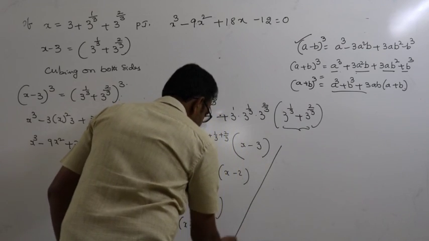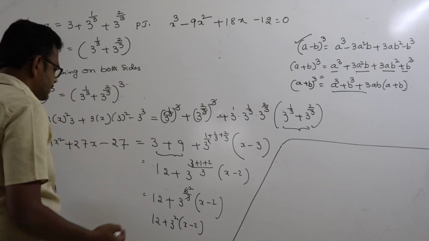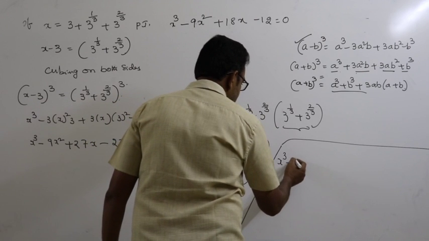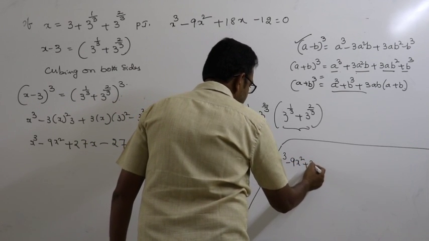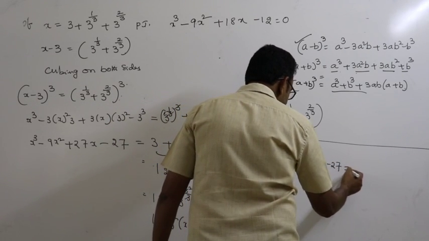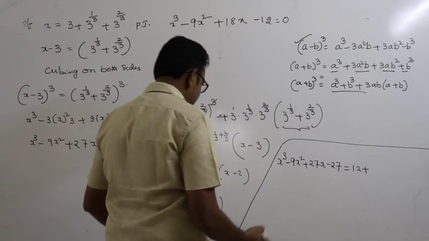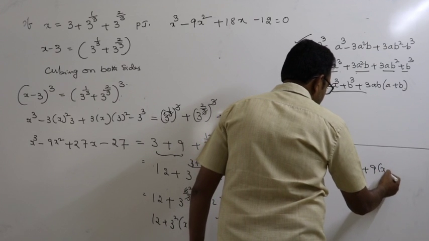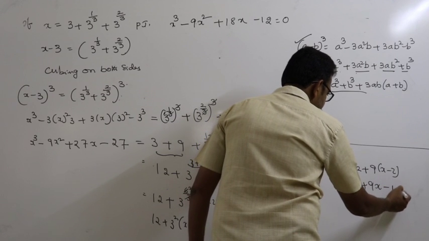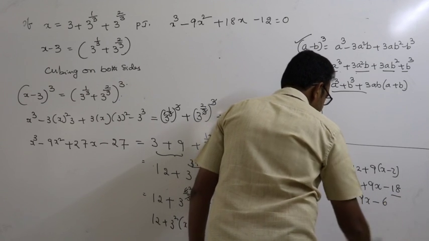So I can write here: x cube minus 9x square plus 27x minus 27 is equal to 12 plus 3 square is 9 into x minus 2. That equals 12 plus 9x minus 18, that is 9x minus 6.